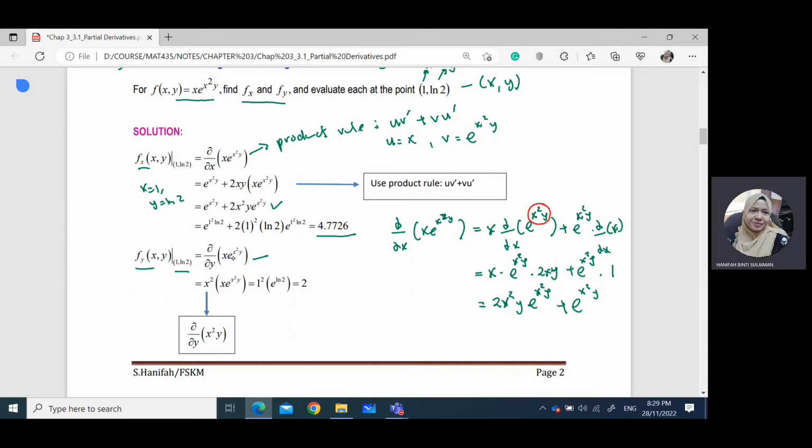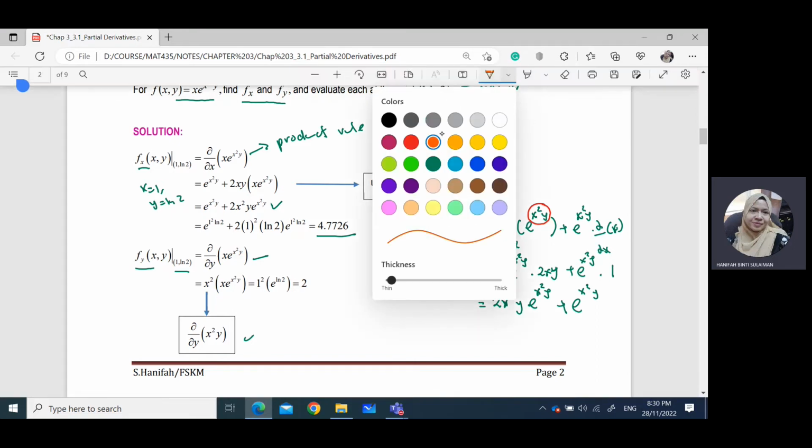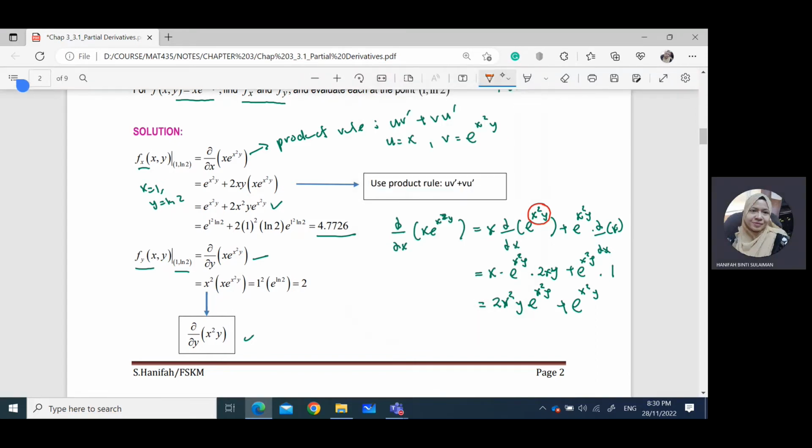Okay, differentiate exponent x squared y. Then we have x exponent x squared y multiplied with x squared. How do we get this x squared? It is based on the derivative with respect to y on x squared y, this one above. So when there are inner functions, you also have to differentiate and multiply.